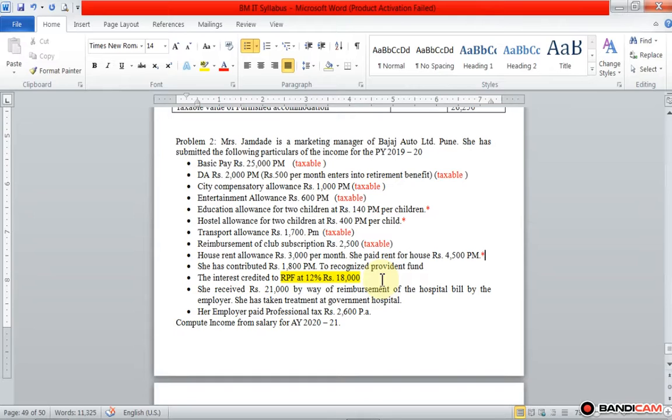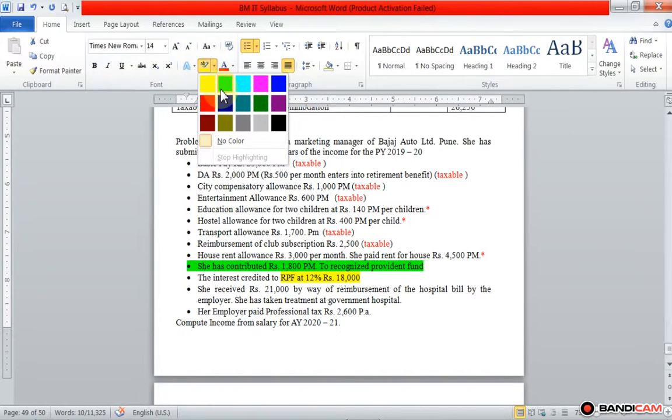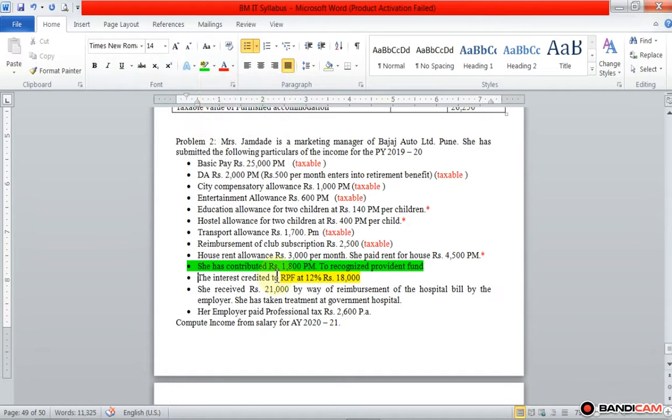Got it? So this adjustment is given for your confusion. Only deduction is allowed for contribution of SAC when we compute income from salary, so this adjustment is given for your confusion.